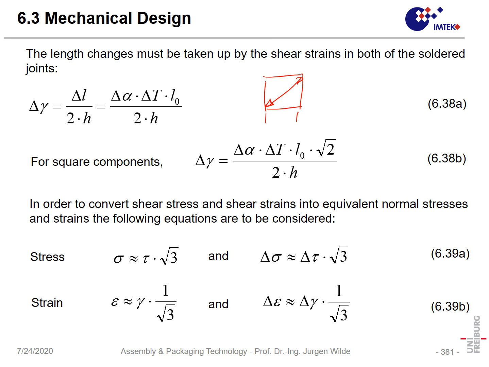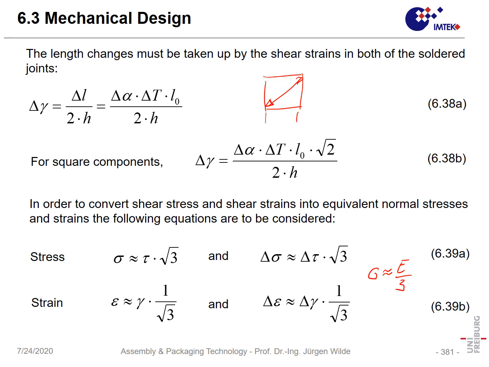That's a rough guess. And the strain, the uniaxial strain, is the shear strain divided by the square root of 3. Typically, the shear modulus is roughly the Young's modulus divided by 3. That's a good rule of thumb.